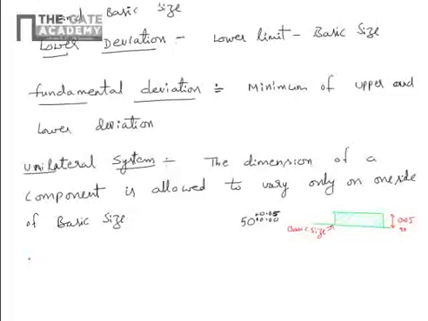Similarly, bilateral system. If the dimension is allowed to vary on both sides of the basic size, then it is called bilateral system.